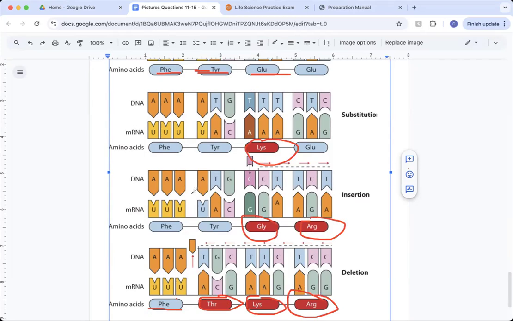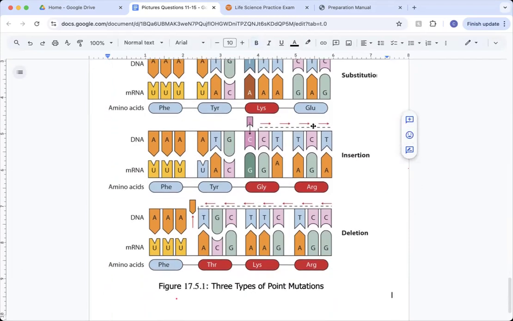So those are usually a lot bigger deals than a substitution. And again, these are all called point mutations. There's other types of mutations, chromosomal mutations where entire chromosomes are affected. But in this case, we're just looking at point mutations for this question.